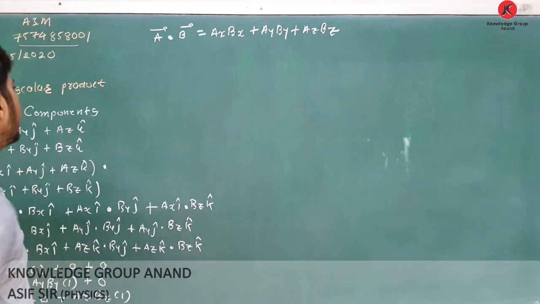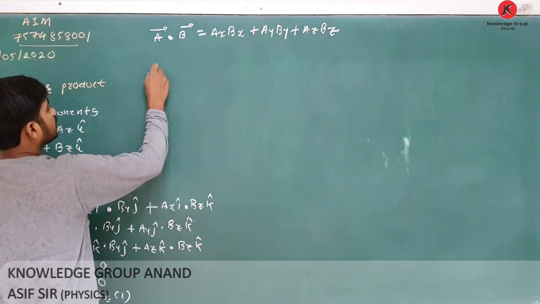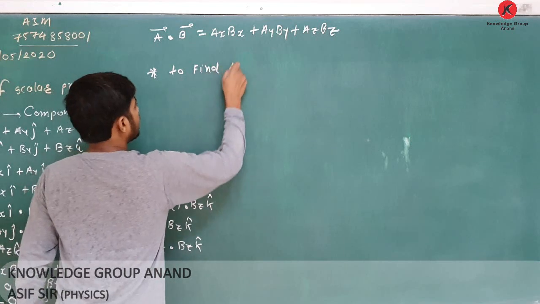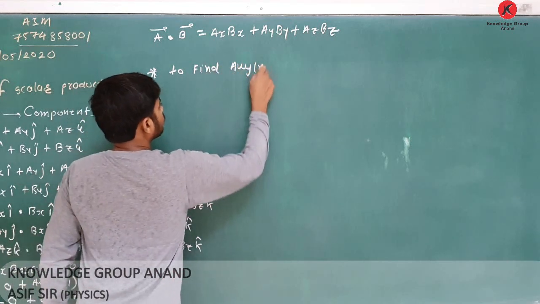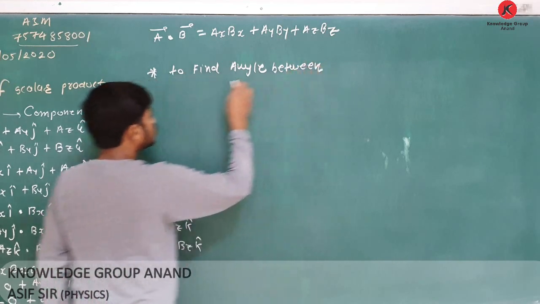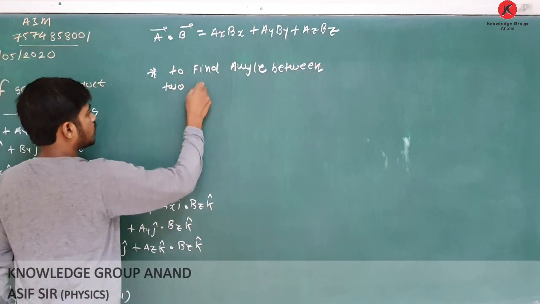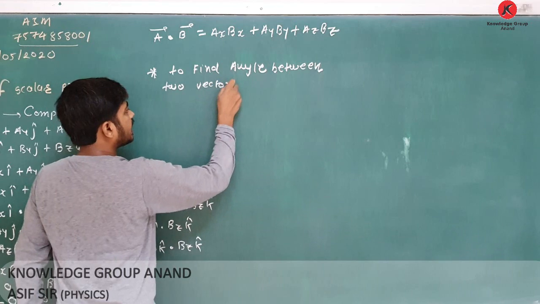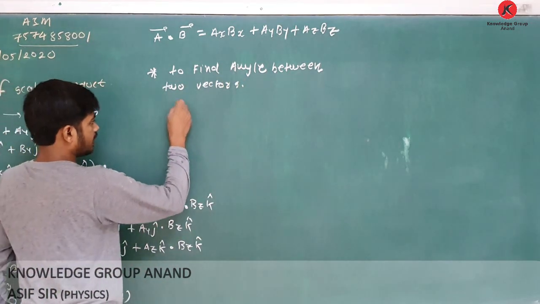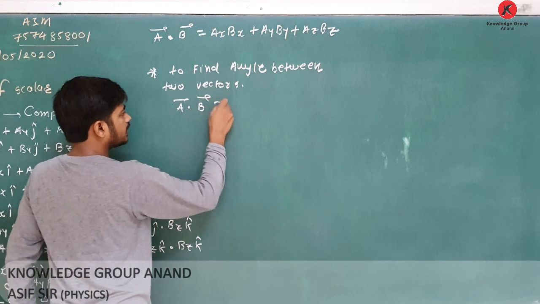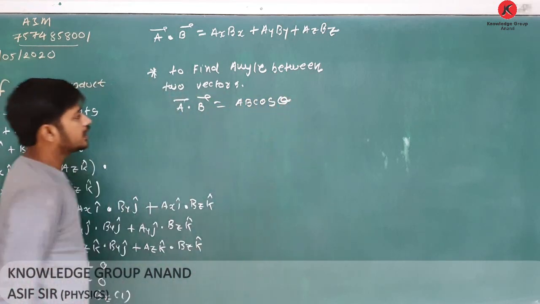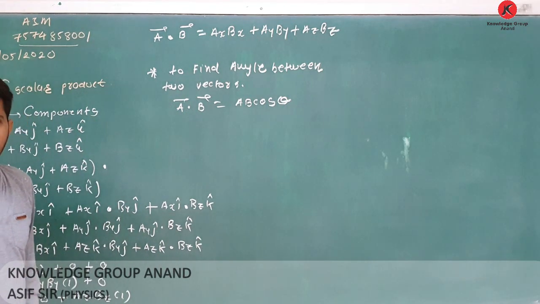Now the last property: to find the angle between two vectors. How to find the angle between two vectors? We know A dot B is equal to AB cos theta.